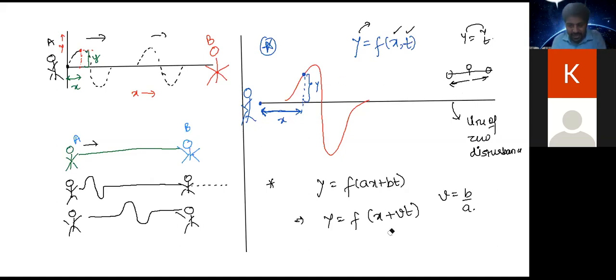I will repeat what I said. As you generate a wave over here, and as this wave is traveling towards the right, all the particles on the rope are not moving ahead.